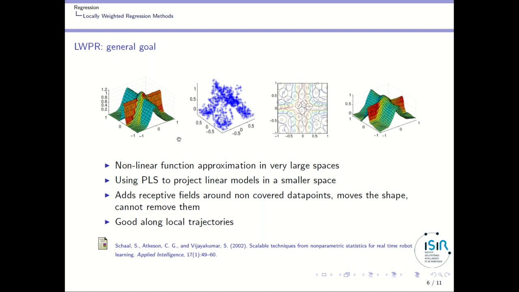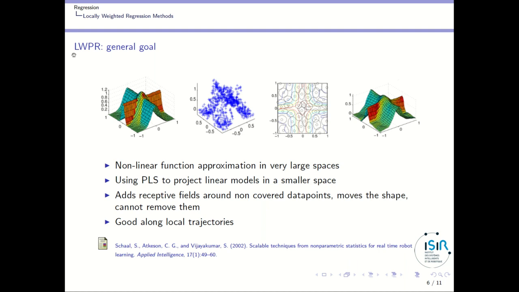By doing so, you can have linear models in very, very large dimensions. In fact, locally weighted projection regression has been used, for instance, for estimating the dynamics models of humanoid robots in 90 dimensions, which is huge. So it allows you to perform nonlinear function approximation in very large spaces.